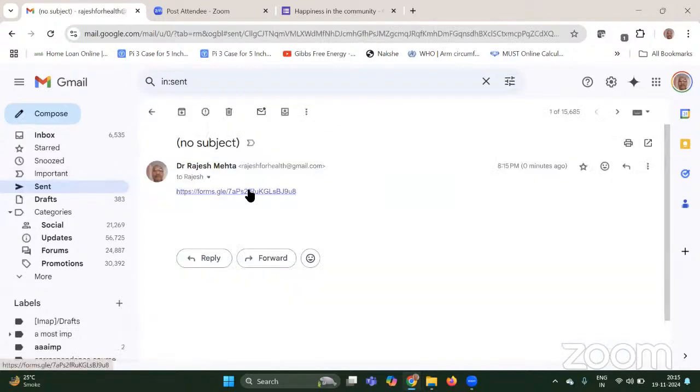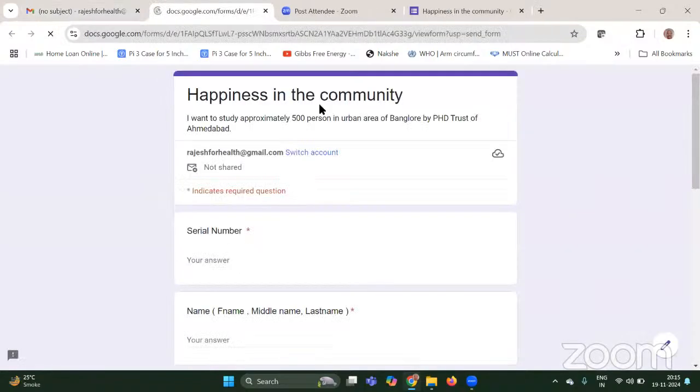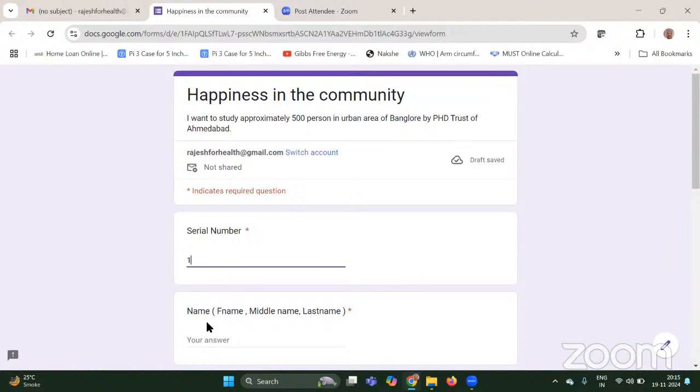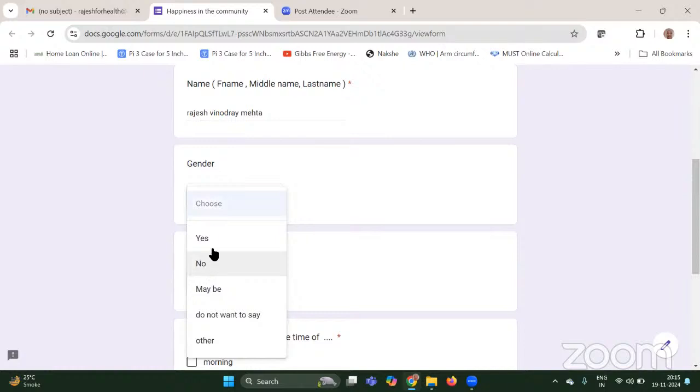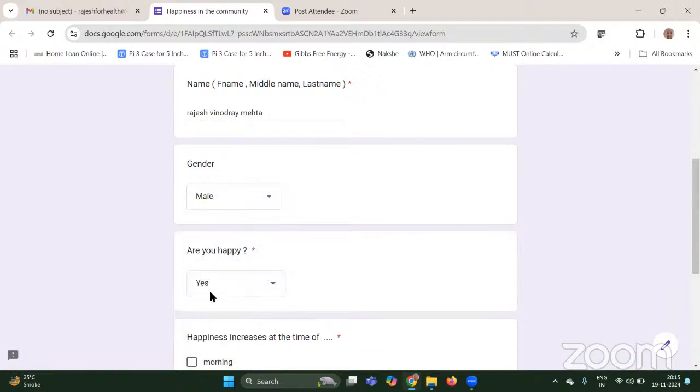once I open this, okay, I can now start adding data. Name, Rajesh Vinod Rai Mehta, email, yes.